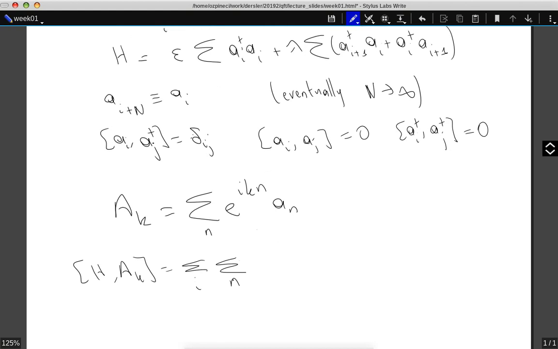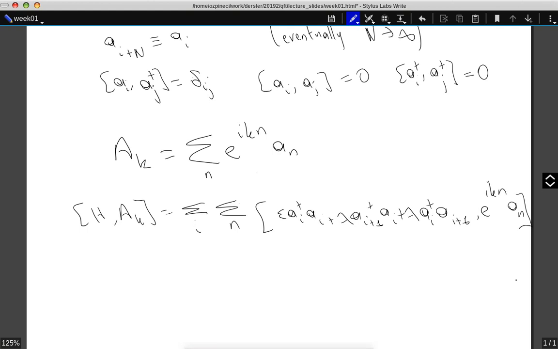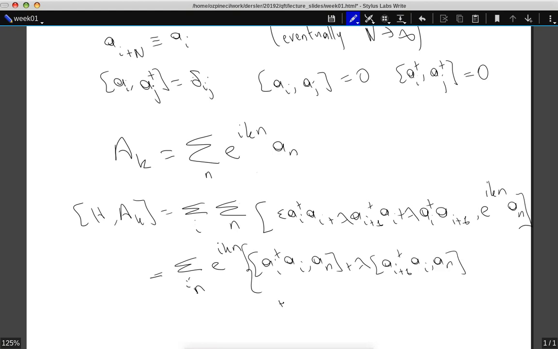Okay, sum over i and n. The commutator of epsilon A_i dagger A_i plus lambda A_{i+1} dagger A_i plus lambda A_i dagger A_{i+1}, with e to the power i k n a_n, which is equal to the sum over i and n of e to the power i k n times epsilon A_i dagger A_i with a_n, plus lambda A_{i+1} dagger A_i with a_n, plus lambda A_i dagger A_{i+1} with a_n.